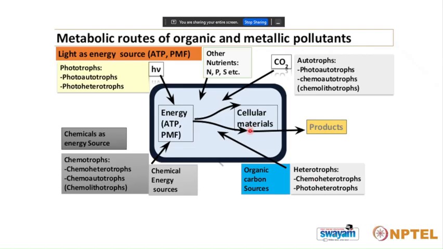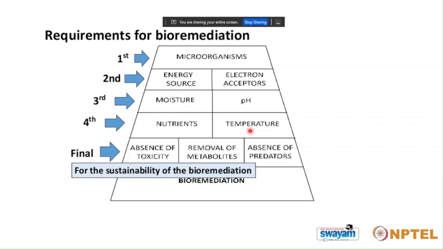So what are the requirements for microbial remediation to happen? Microorganisms are the primary requirement, and these microorganisms need an energy source and electron acceptors. Then other environmental conditions like moisture, pH, nutrients, and temperature are required.